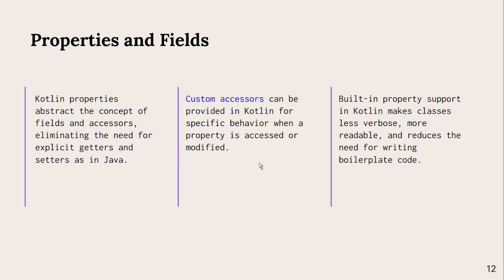And that implies Kotlin also provides the mechanism for programmers to specify custom accessors, if the generated getter and setter do not work in the way we want.